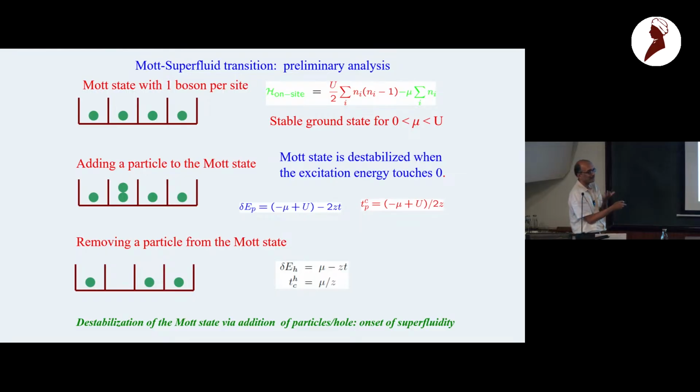It doesn't cost extra energy for it to be here instead of there or there. So it can freely hop and lower its energy. And that lowering of energy can roughly be estimated to be the hopping strength times the coordination number of the lattice. The coordination number being the number of nearest neighbors, because it can hop in so many directions.